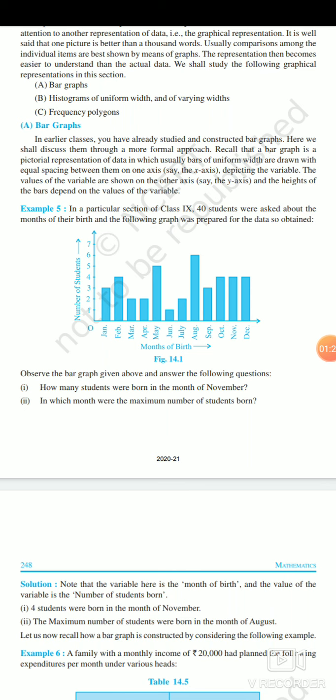How many students were born in the month of November? November is on the x-axis, number of students is on the y-axis. So in November, 4 students. Similarly, in which month were the maximum number of students born? In August, we have 6 students born.